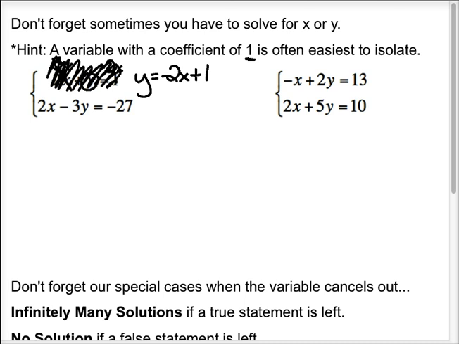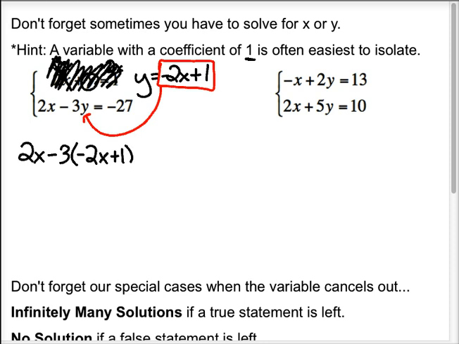And now I can still use my substitution method. So now I can box the other side, because now I have that y isolated, and I can put it in there. So 2x minus 3 times negative 2x plus 1 equals negative 27.